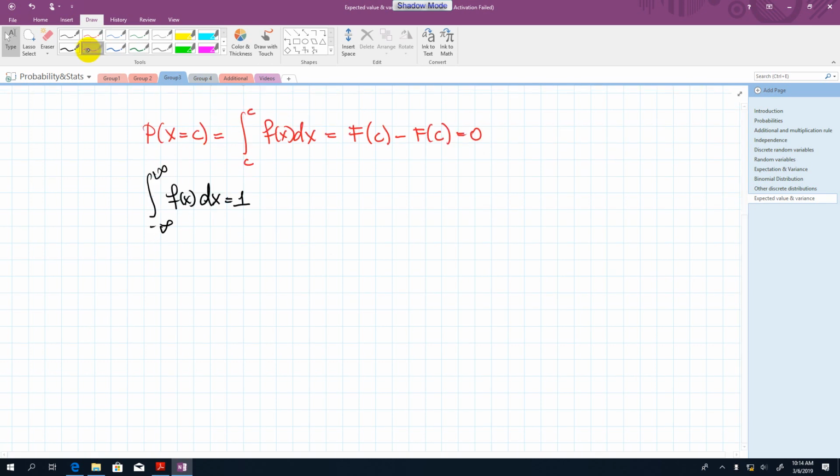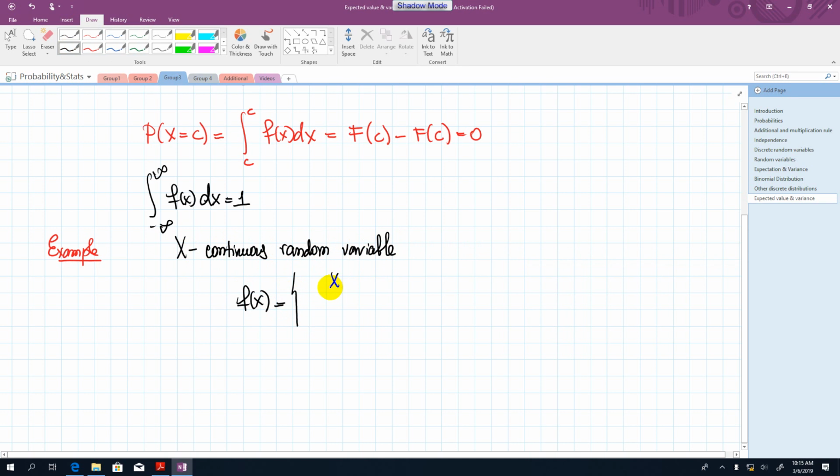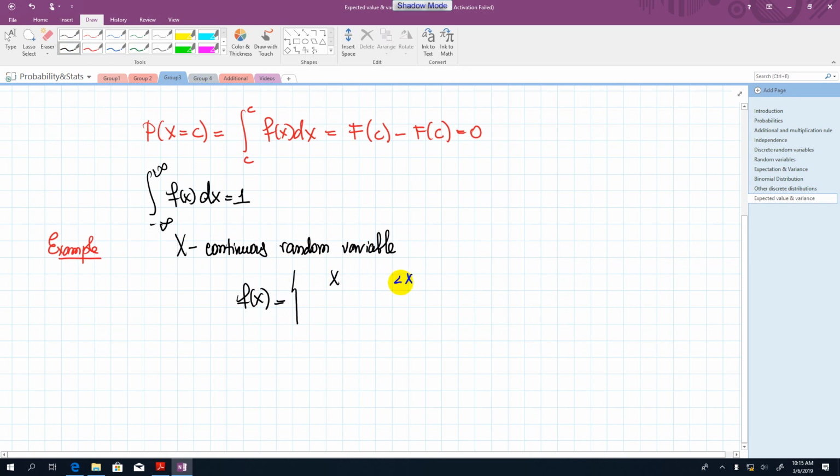So let's start with an example. Let's say x is the continuous random variable with a density function which is given as: it takes the value just x if x is between 0 and 1. It takes the value 2 minus x if x is between 1 and 2, and 0 otherwise.